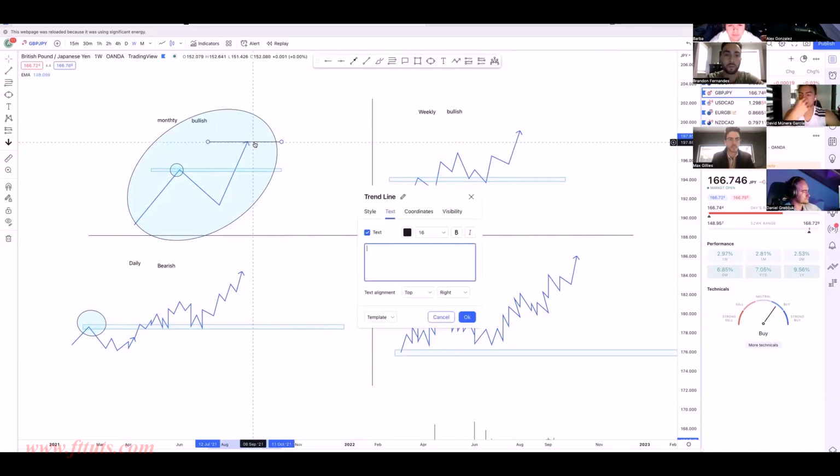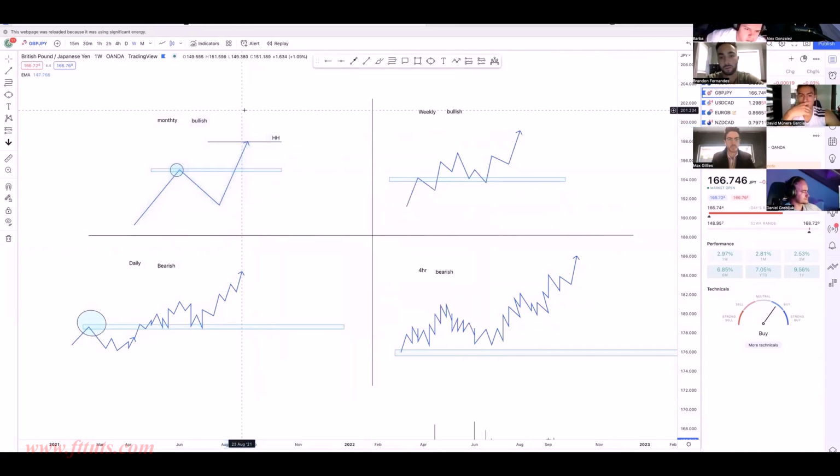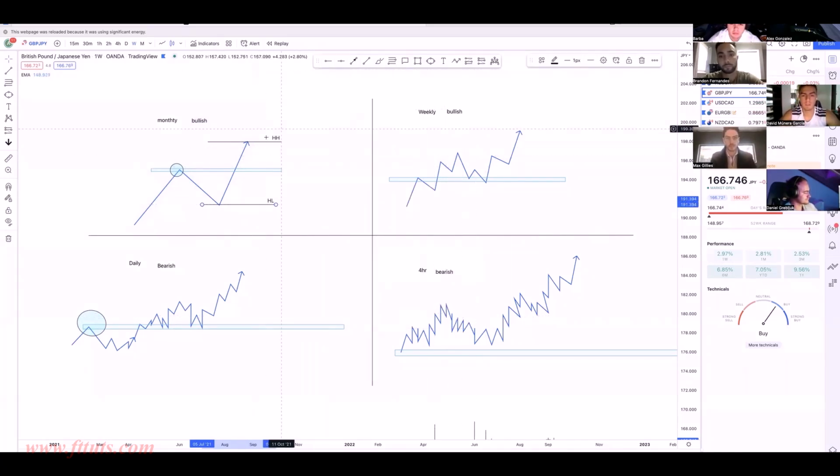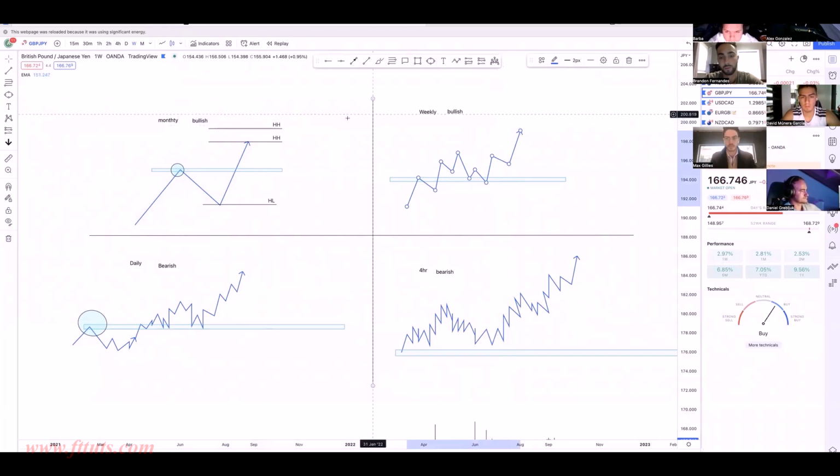So based off of what you are seeing in here, what would this point right here be? What would this point right here be? Okay, what would this one be? Same thing, easy, higher high.